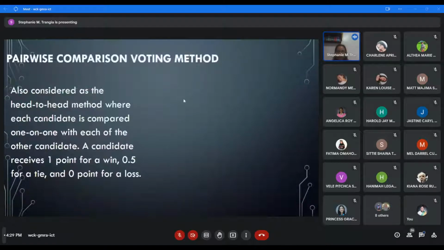So pairwise comparison voting method. How we eliminate this time, we'll have head-to-head match-up. It is compared one-on-one with each of the other candidates. A candidate receives 1 point for a win. Kung makadaog ang candidate, 1 point. Kung tie sila, 0.5 ang ihatag. Kung loss ang candidate, 0.